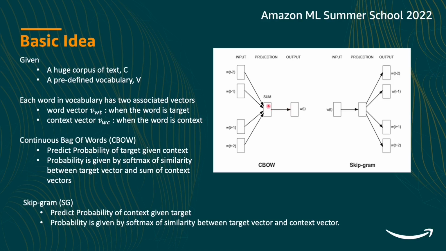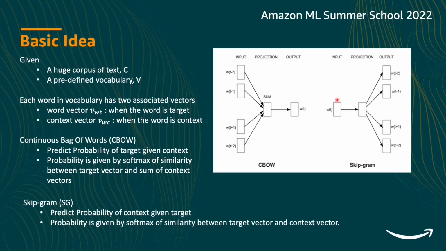Whereas in skipgram, the case is opposite. It predicts the context words given the target word.